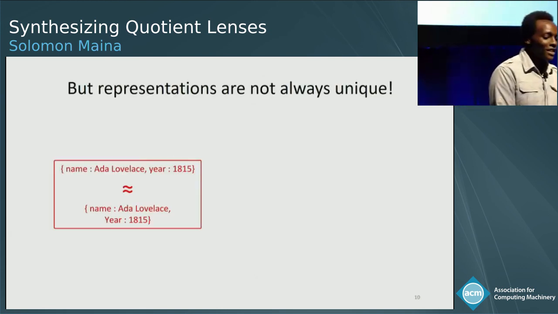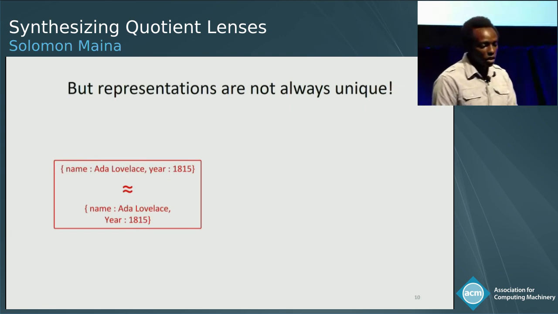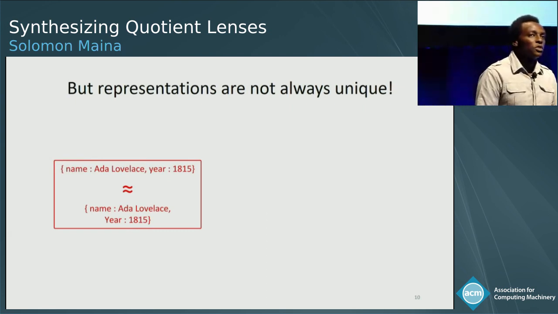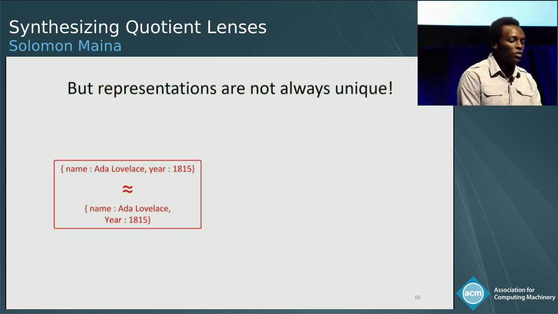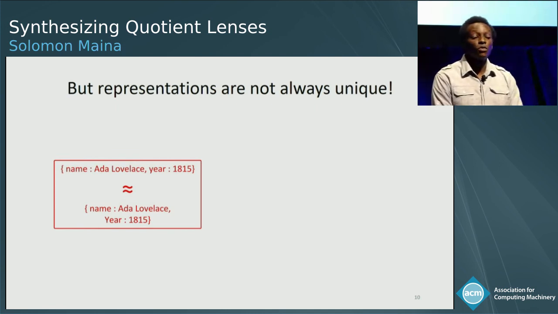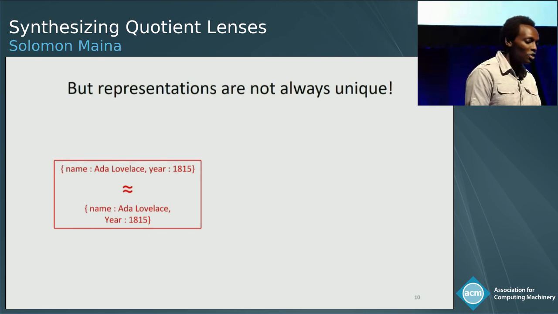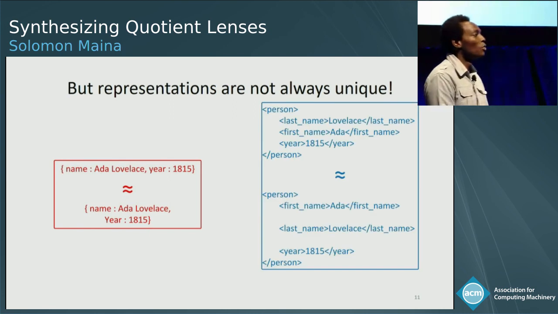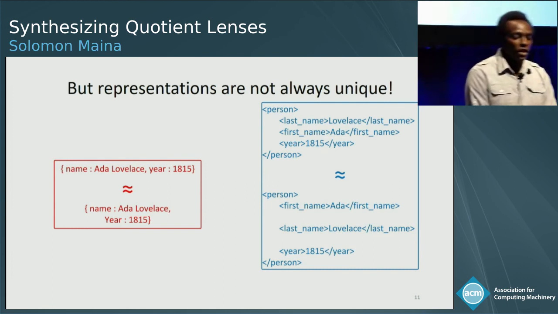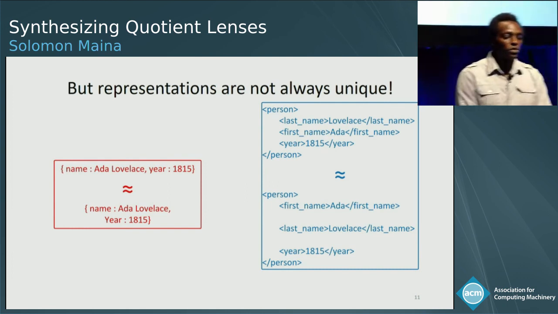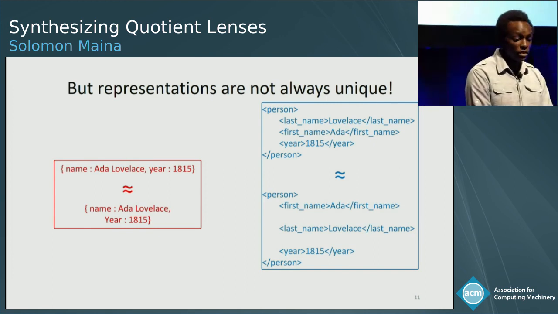Like I said before, the problem is that representations are not always unique. So, for example, on the JSON side, the format might allow us to have arbitrary occurrences of white space between the two fields. And on the XML side, we might have an even more complicated equivalence relation. We may allow arbitrary occurrences of white space between the three fields.